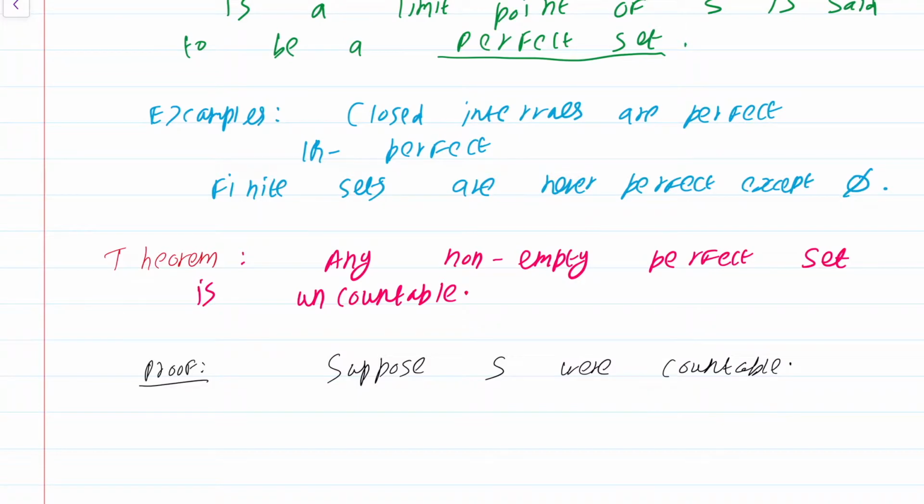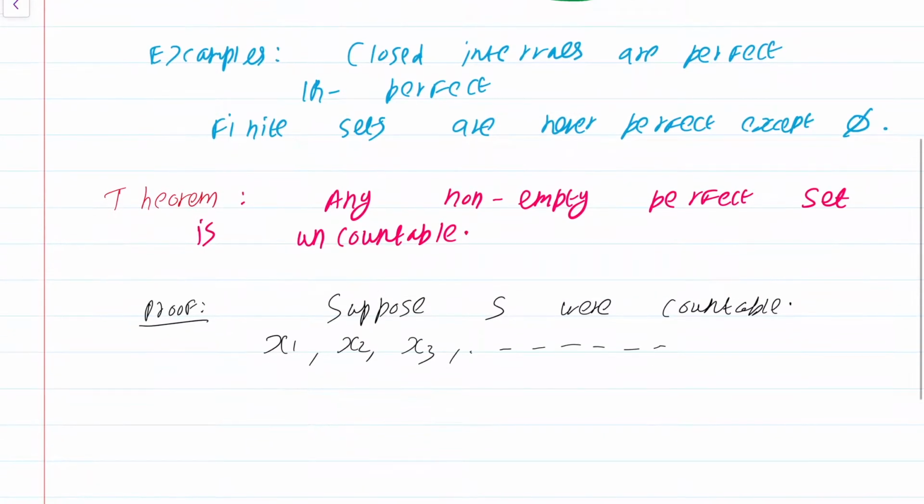Then list out the elements x1, x2, x3, and so on, a list of elements of S. Now note that each one of these elements x1, x2, x3 is going to be a limit point of the set S, right?